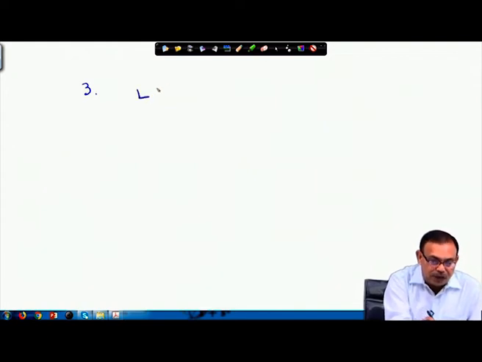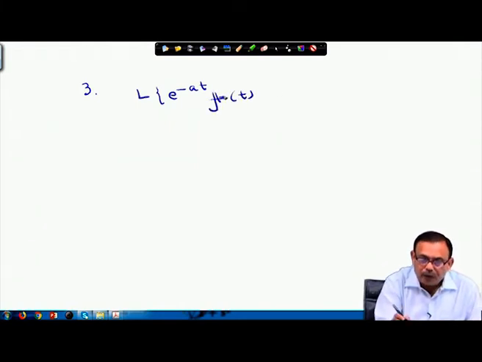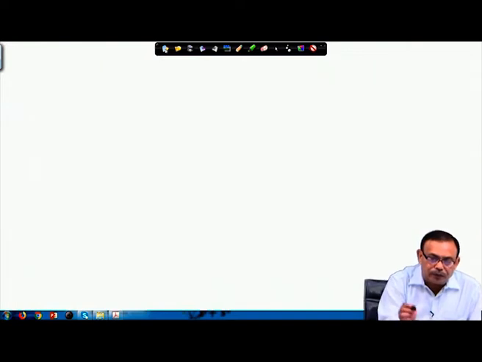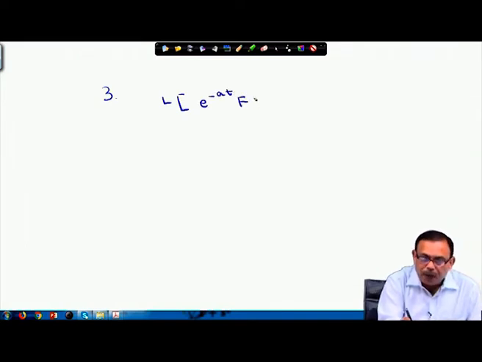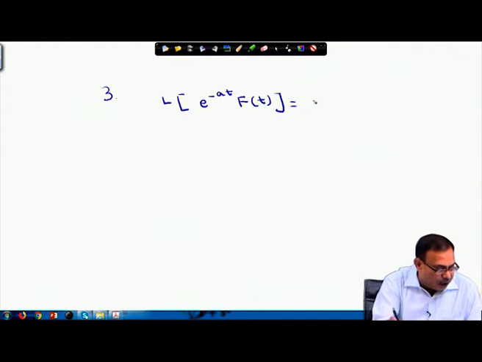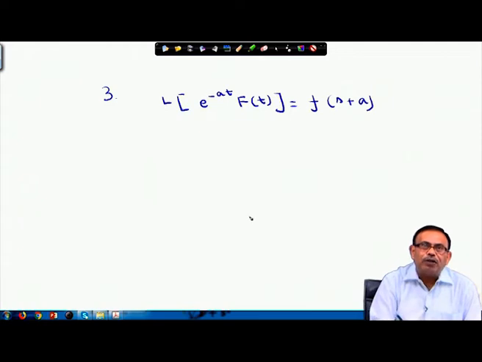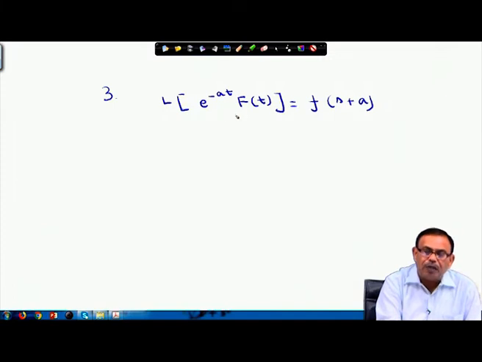Let us go to number 3, that is the Laplace transform of e to the power minus at into f(t). This is equal to F(s plus a). If the Laplace transform of f(t) is F(s), we know that the Laplace transform of e to the power minus at into f(t) is F(s plus a).